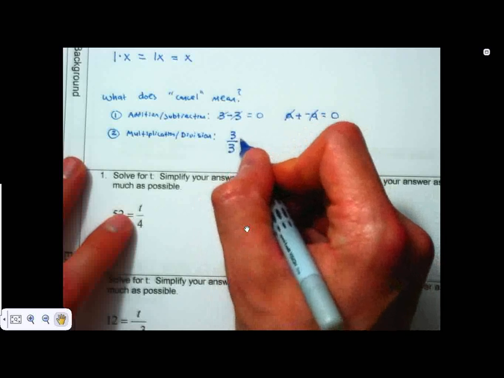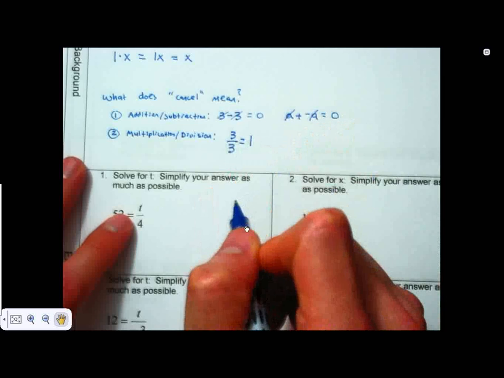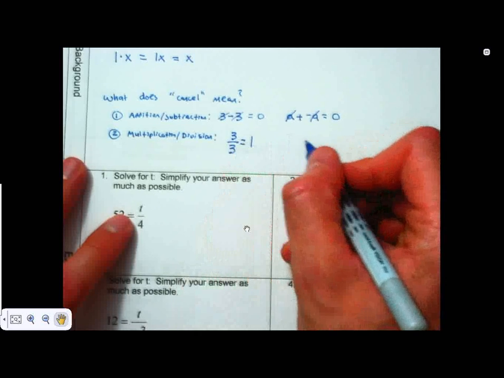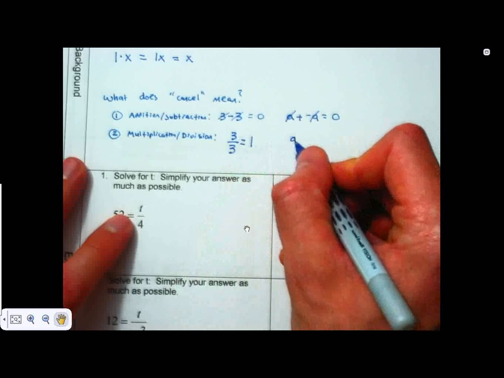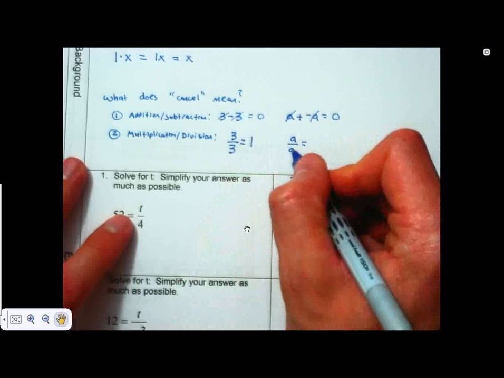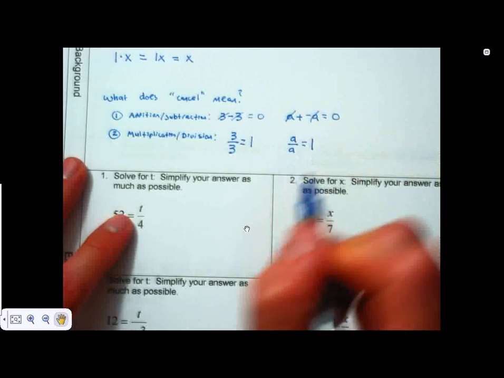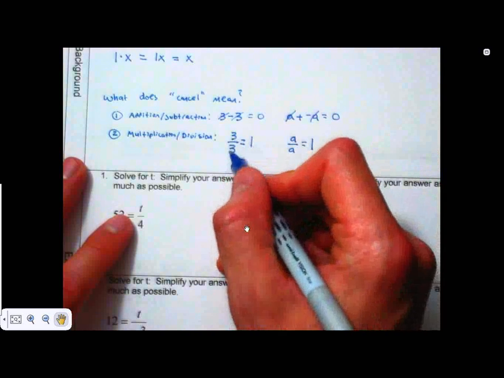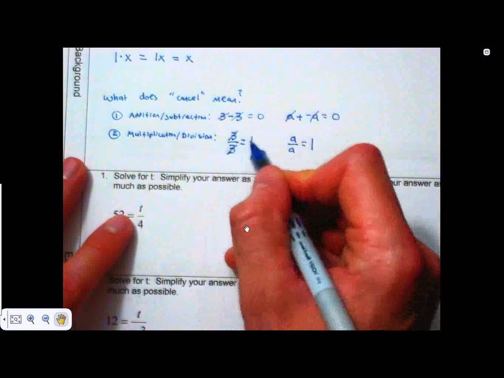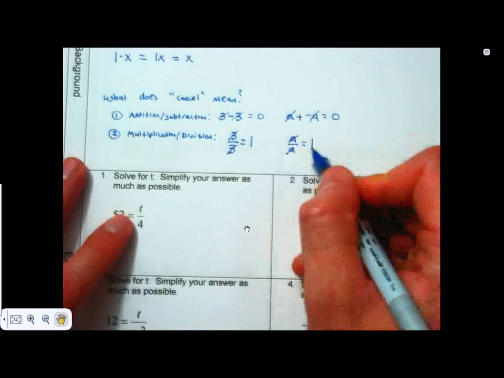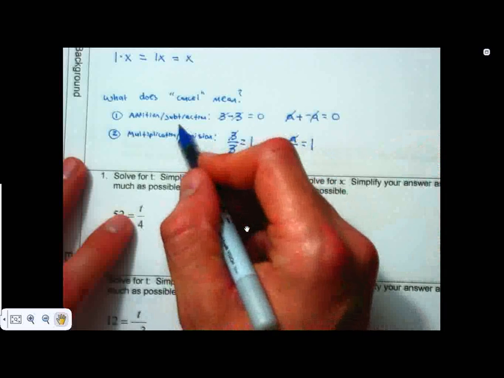What I'm getting is 1. Same thing, if I have a divided by a, we say the a's cancel each other out, but they cancel each other out in this sense to make the number 1. So we say the 3's cancel each other out back here, but they cancel each other out to make 1. So when we use the word cancel, we could mean either one of these two things.